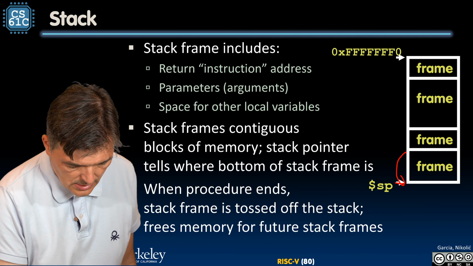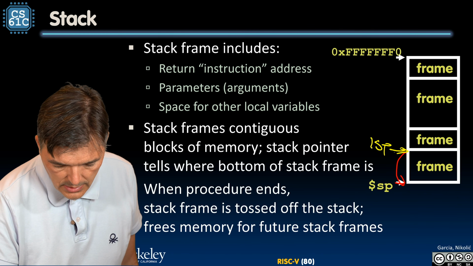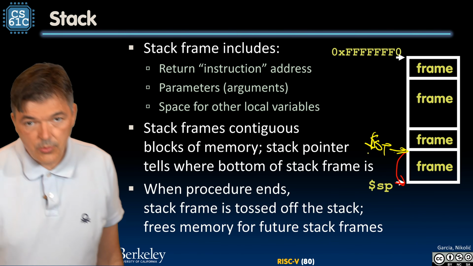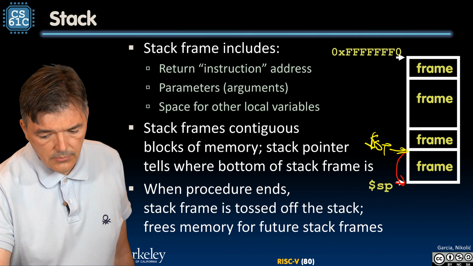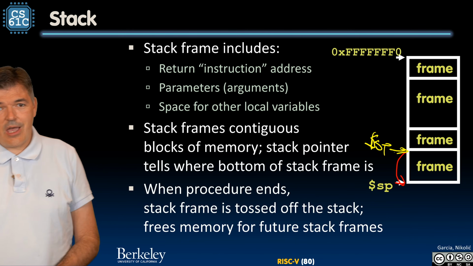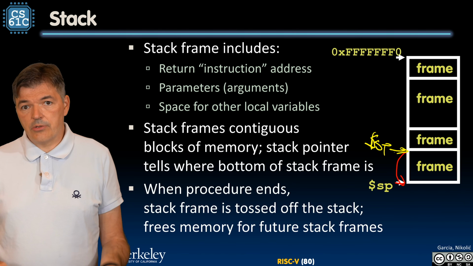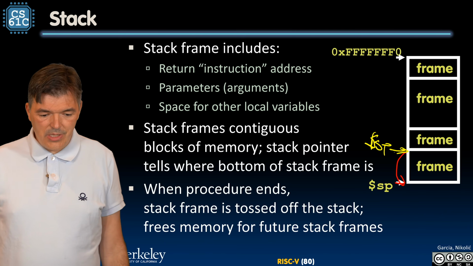Let's use yellow. We move the stack pointer here, and we free up that space on the stack. The data may still be on the stack, but it is now available for the next function call to write over it. So that's the meaning of free, basically.